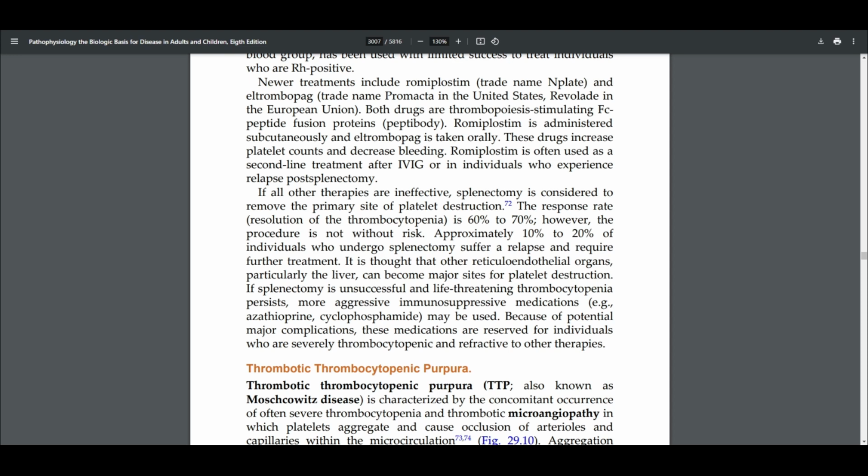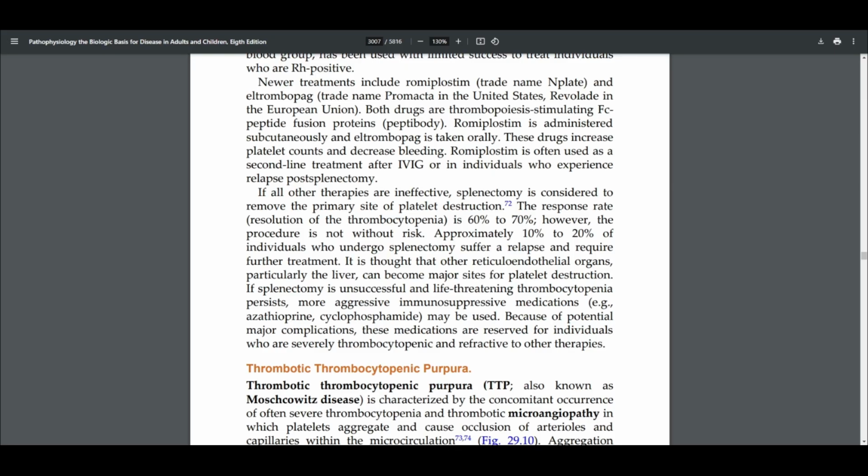If all other therapies are ineffective, splenectomy is considered to remove the primary site of platelet destruction. The response rate is usually 60 to 70%. Again, however, the procedure is not without risk. About 10 to 20% of the individuals who undergo a splenectomy suffer a relapse and require further treatment.